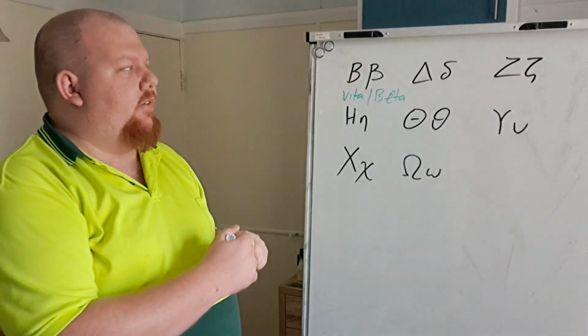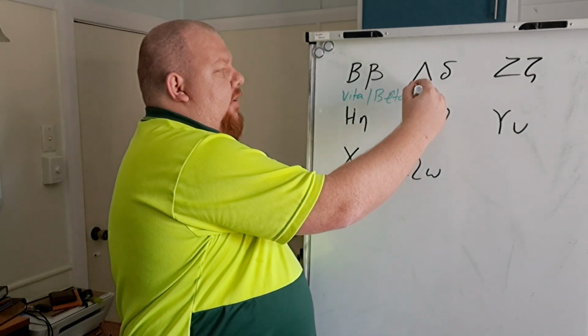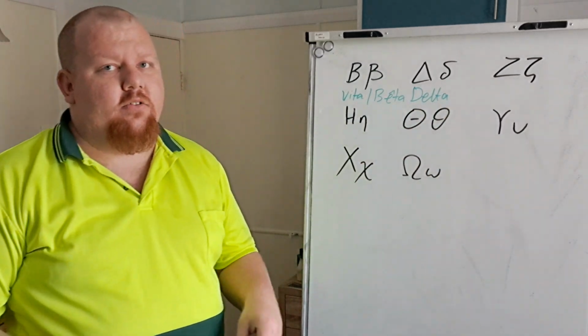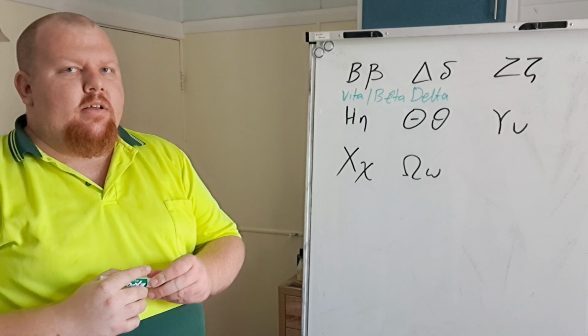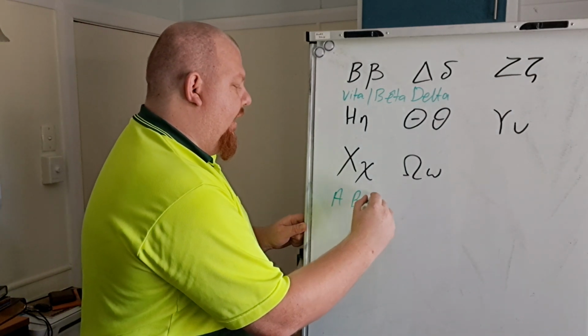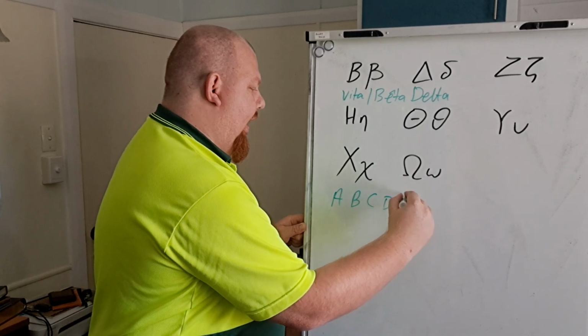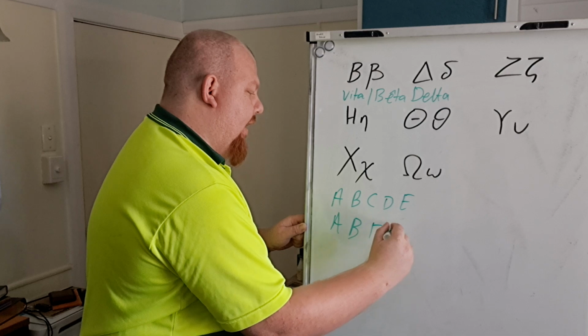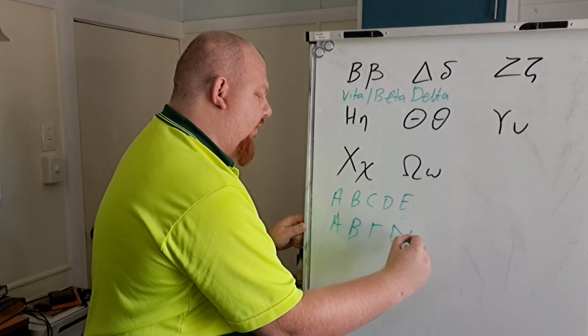Delta is also different. So instead of having that light TH sound, you have the hard D sound, delta. So if you look at the first few letters, you have A, B, C, D, E in English. So in Greek, you have alpha, beta, gamma, delta, epsilon.